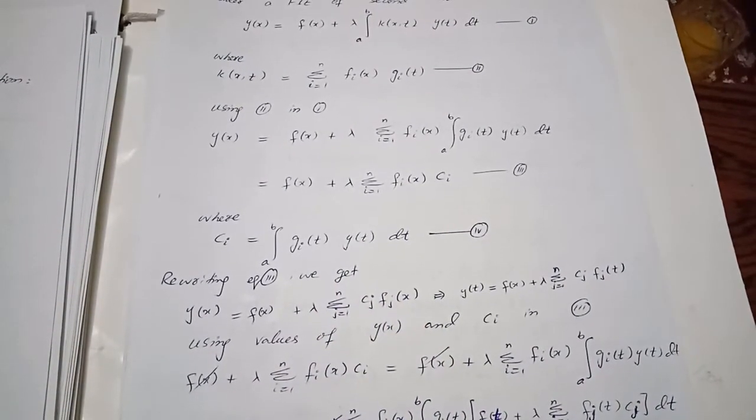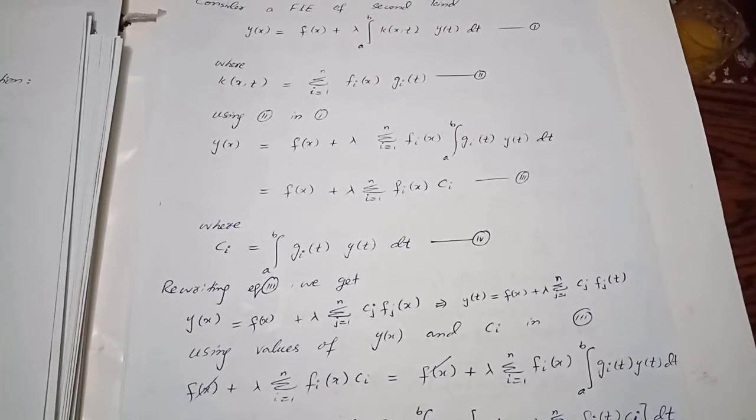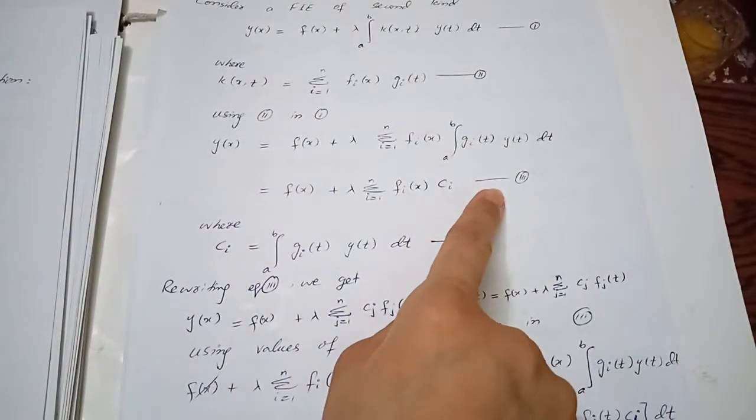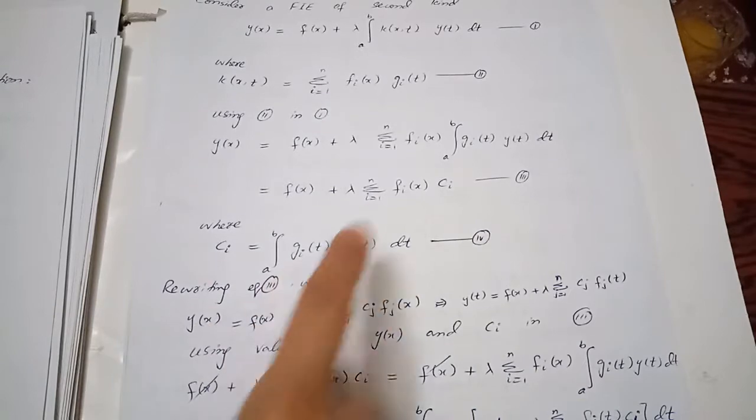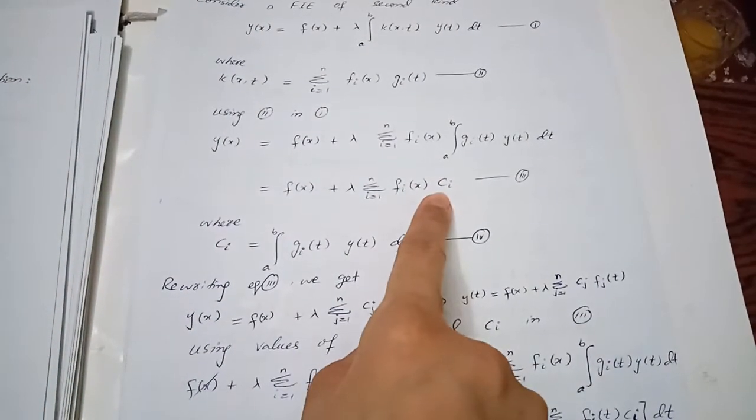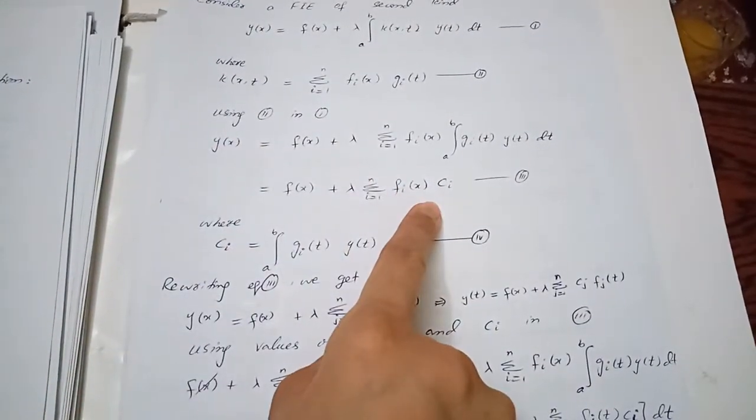Now we are going to use the values of y of x and c i in equation 3. In equation 3, I am putting here the value of y of x and I am using here the value of c i on the left side and right side as well.